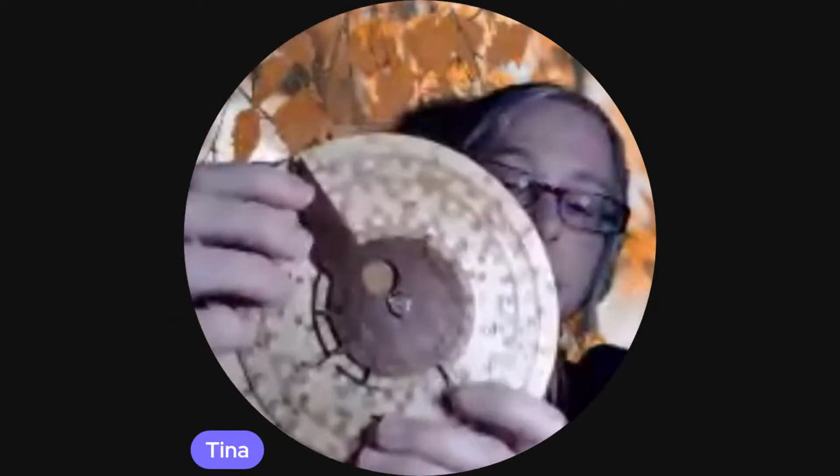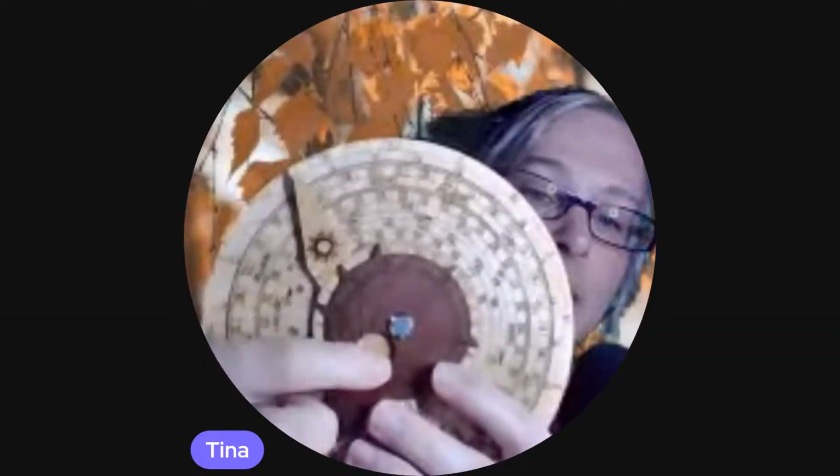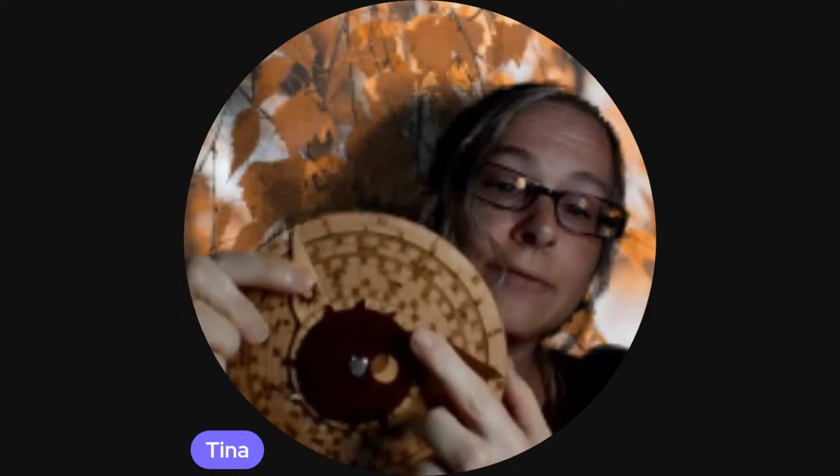I don't like it. But this lunar volvel here actually has a little hole right here. If you move this around, I'm not so good at this. Anyway, you move it around and it actually shows you the phase of the moon that you have. So here we go.